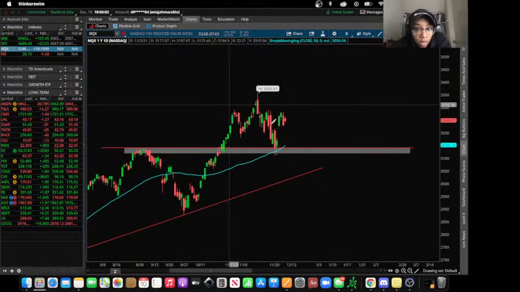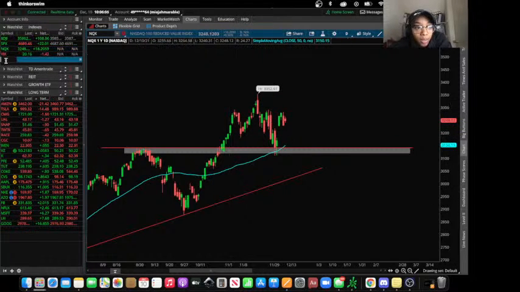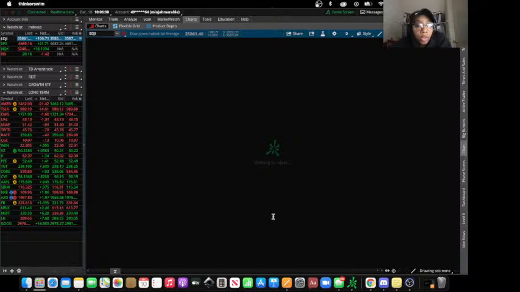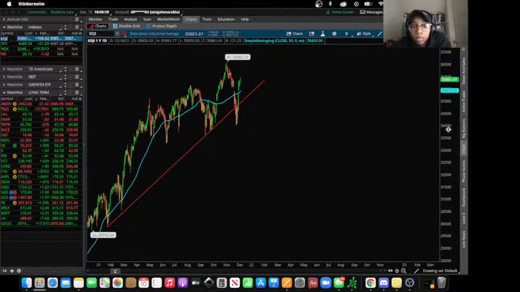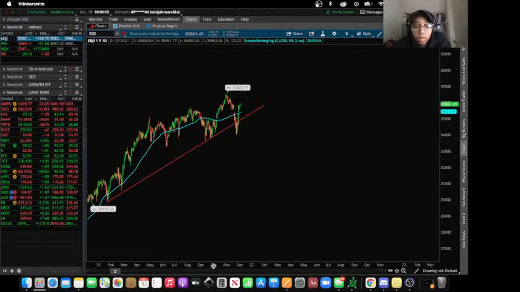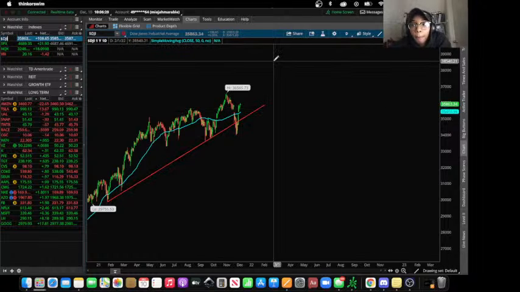I don't know what the market is trying to tell us, but that's the Nasdaq. Dow Jones. There's bouncing, consistent uptrend, following this trend line here.